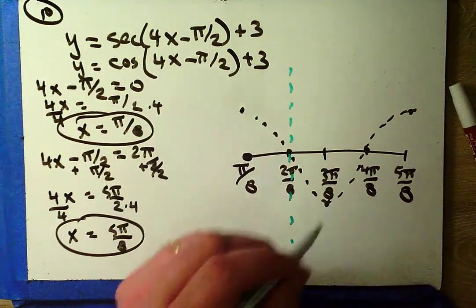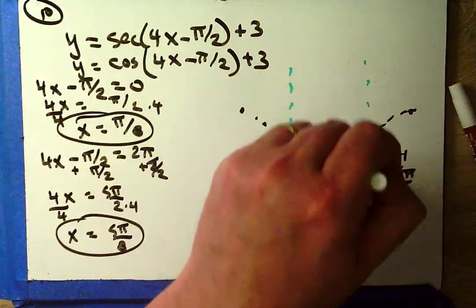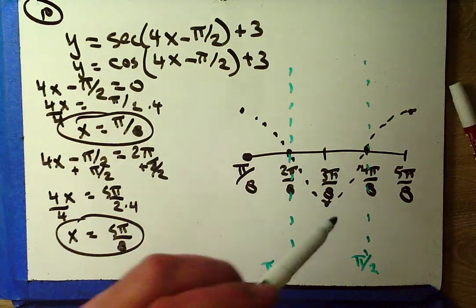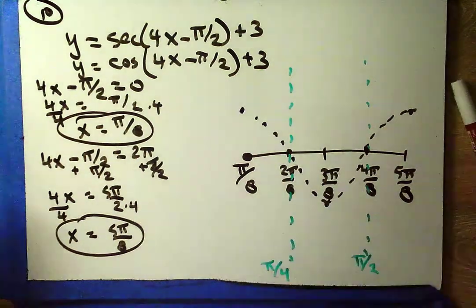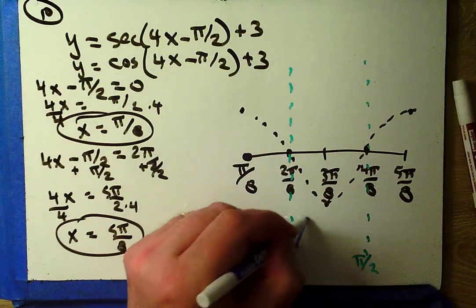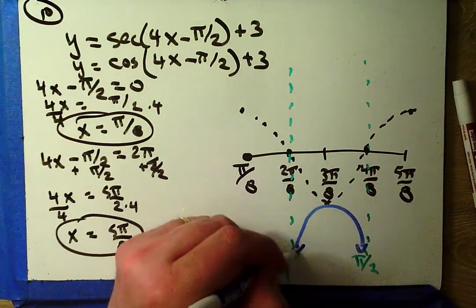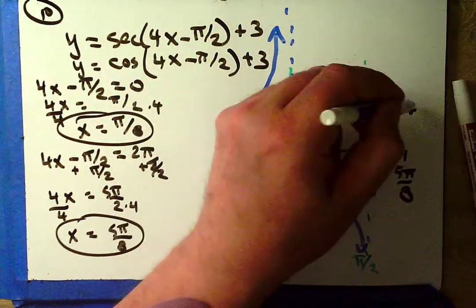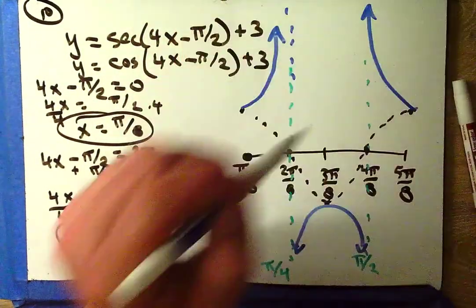So pi over 4 is an asymptote, and pi over 2 is an asymptote. And then I sketch in my graph of secant, which is a little paraboloid in here, and half a paraboloid over here, and half a paraboloid over here.